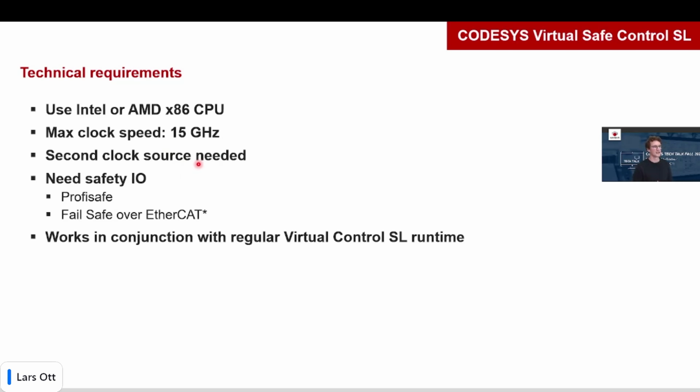So you need a second clock that can provide you a tick when time has passed. These are the safety background or the technical requirements. And you obviously still need safety IO. So this technology only replaces the safety controller. It does not replace the IO. That is still yellow.